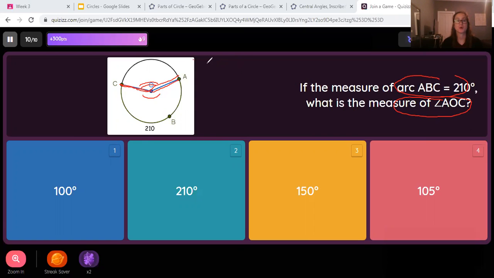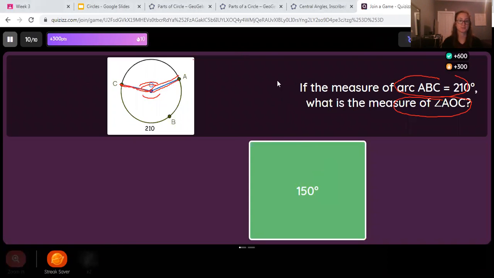So what we found out is that it's actually asking for the top angle, so you have to take 210 away from 360, which will give you 150. So right now the answer choice is 150. You can also click on 210. I put that both of them are correct, and I'm going to work on making that image more clear so that you know which angle I'm talking about.